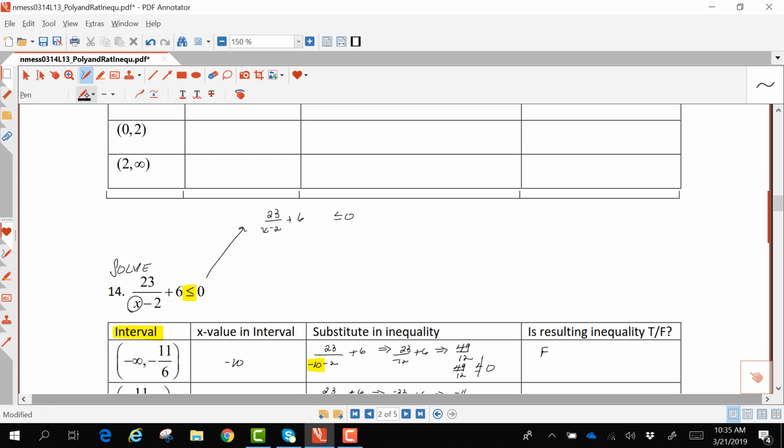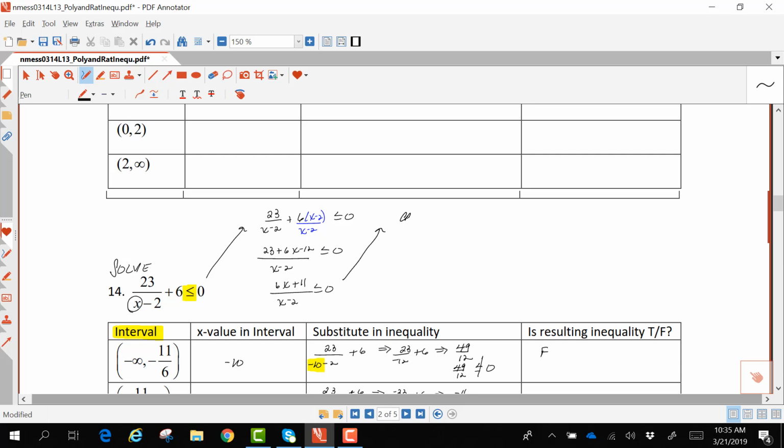Just as with the equation, I need to add the fraction to the 6, but in order to do this, I must get a common denominator of x minus 2. With this new denominator of x minus 2, I can add the numerators, which would result in a 6x plus 11 as my new numerator.